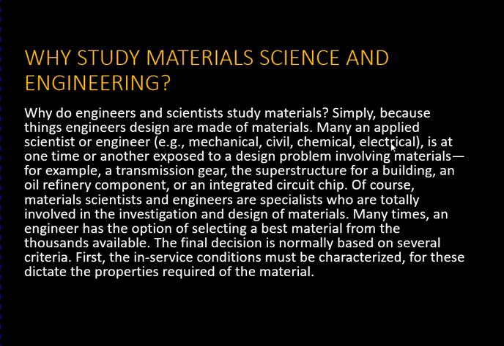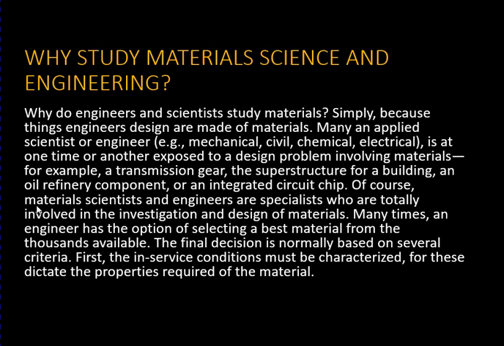Now, many an applied scientist or engineer, e.g. mechanical, civil, chemical, and electrical, is at one time or another exposed to a design problem involving materials. For example, a transmission gear, the superstructure for a building, an oil refinery component, or an integrated circuit chip, which is for the electrical engineer. So all these are actually made up of material.